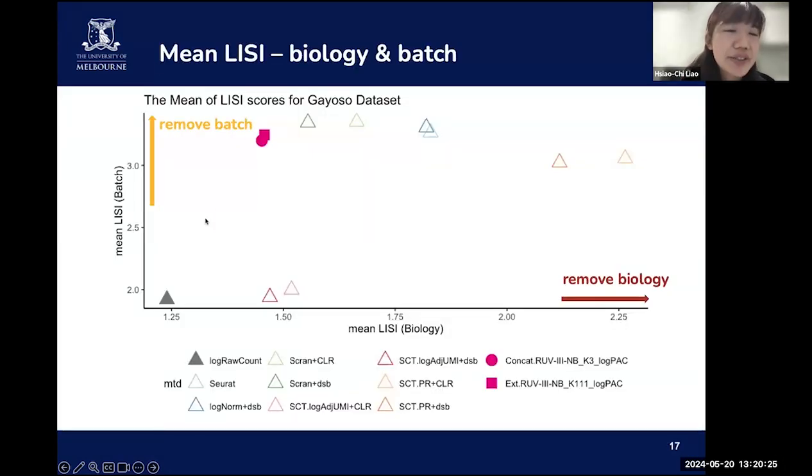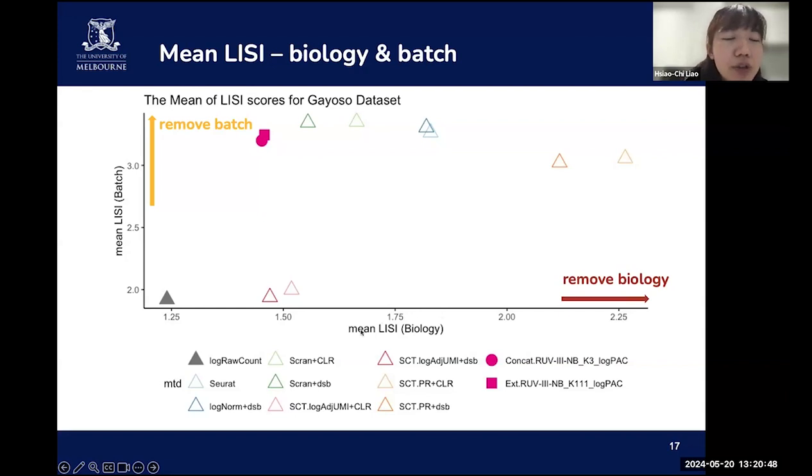From the Lise score, the y-axis here represents the batch Lise, and the x-axis is the biological Lise. Ideally, a good method should give us a higher batch Lise score, because that means we have a better mixture of batches.